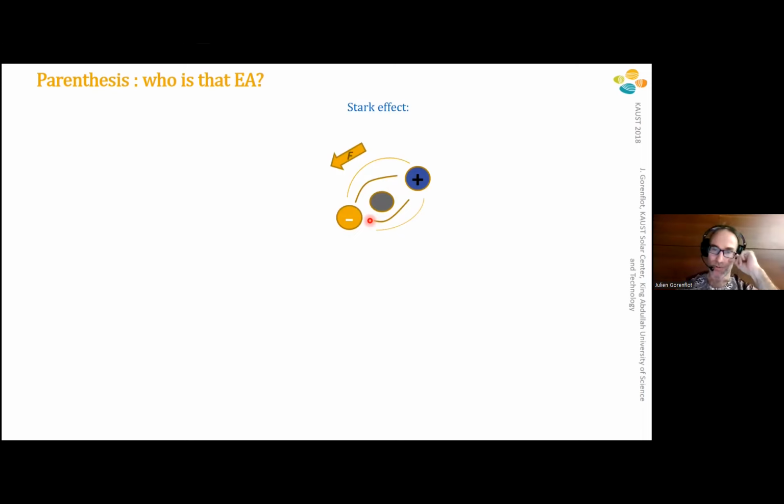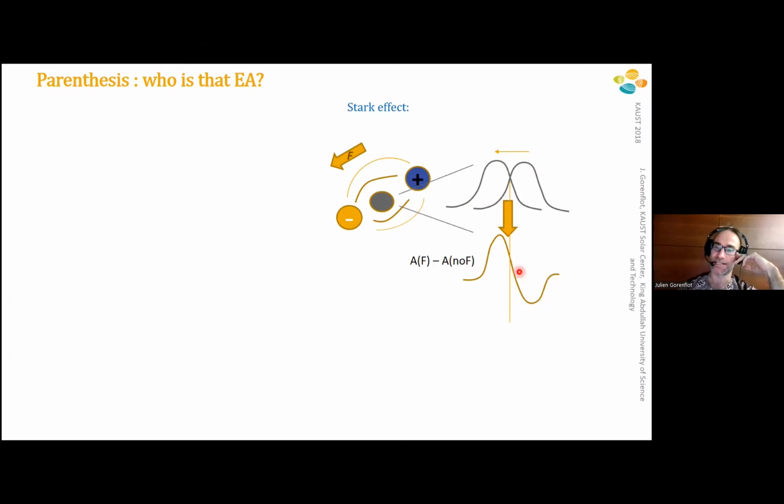What happens due to this electric field is that the absorption spectrum of this neutral non-excited molecule is shifted. So if you take the difference between its absorption with and without this field, which is equivalent to with and without the excitation, you obtain something which has this kind of spectral shape.